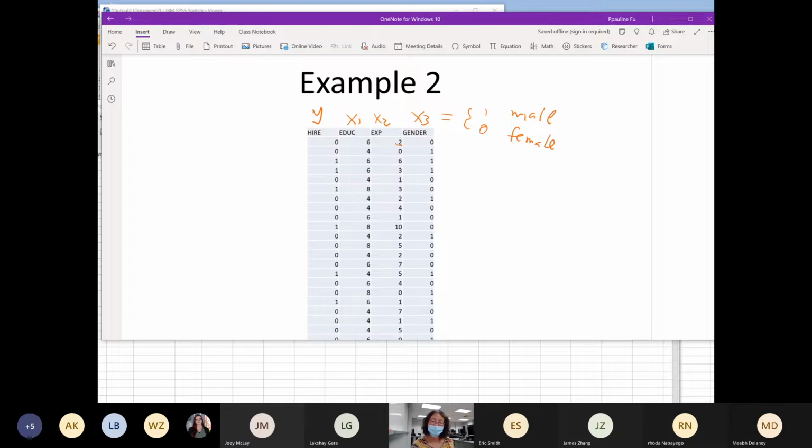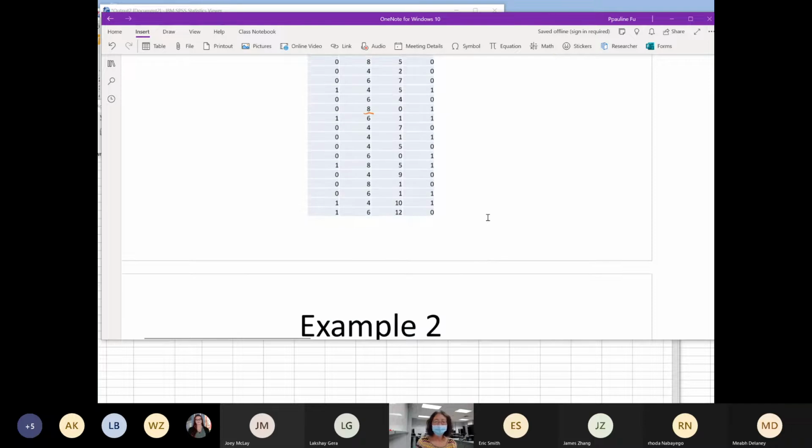So the first person has 2 years of experience. This person has 10 years of experience. Education is the years of education. So this person has 6 years total education. This person has a total of 8 years of education, etc. Okay, so this is the data.